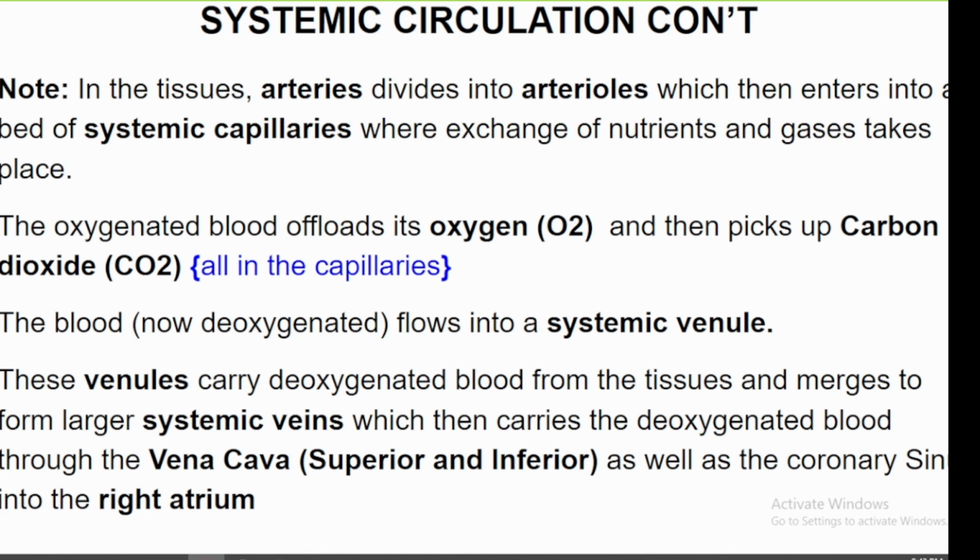Great. Now you should know that in the tissues, arteries divide into arterioles. The smaller vessels of the arteries are what we call arterioles, and these arterioles empty into a bed of systemic capillaries.